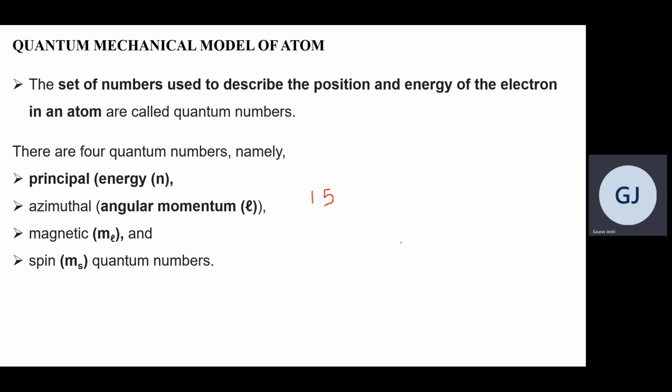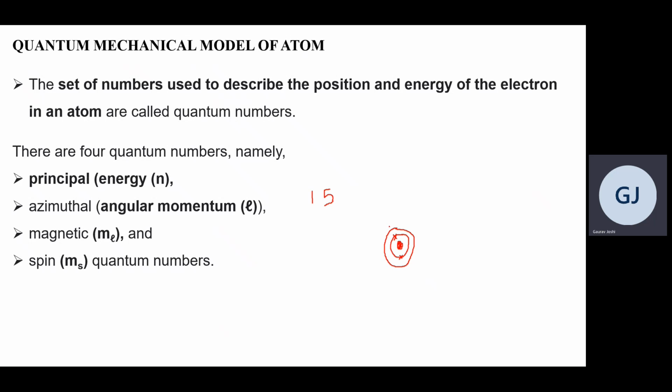I have to draw a nucleus at the center, and I have to make cells. This is the K cell, this is the L cell. How many electrons can this cell have? This can have a maximum of 2 electrons.